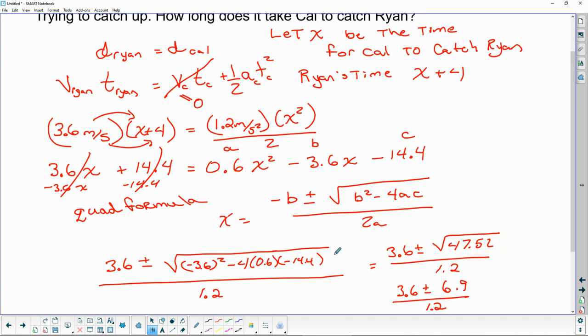So 3.6 subtract 6.9 will give a negative number, so we don't do that one. So 3.6 plus 6.9 divided by 1.2, and you get 8.75, or 8.8 seconds.